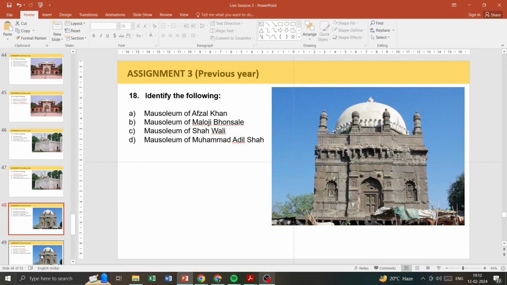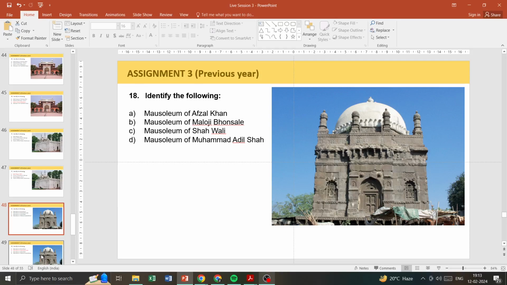Like I talked heavily about how the Sultanate architecture inspired the Maratha architecture. They took another huge aspect of Mughal and Sultanate architecture, which was having mausoleums for great eminent people.